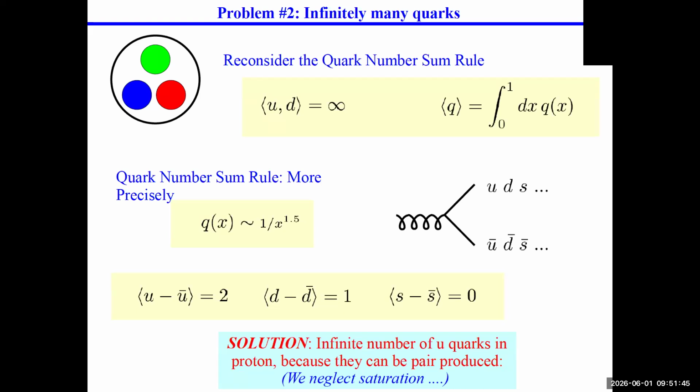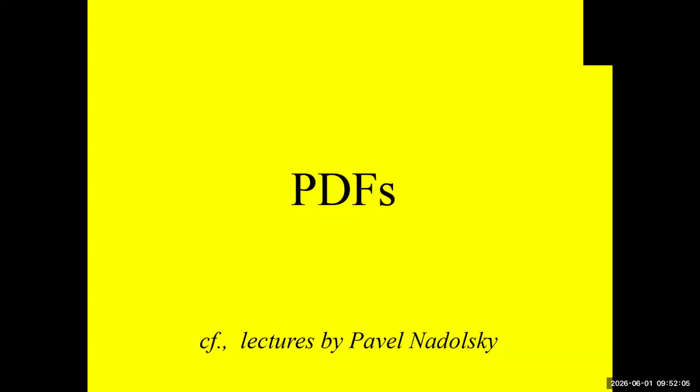And then same for D. D minus D bar will give me 1, and S minus S bar had better give me 0. So the solution is I have an infinite number at small momentum fraction. Saturation is another story. But because they're pair produced, if I do this difference, then that's the number sum rule that I impose. Okay, so let's take a look at some real PDFs.